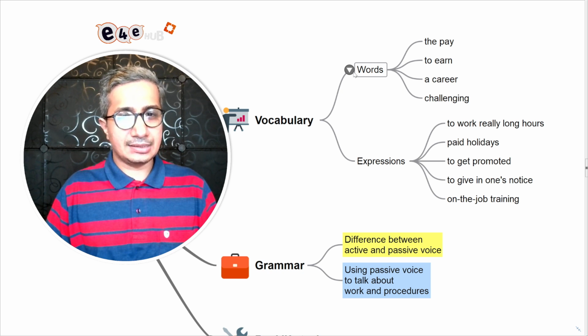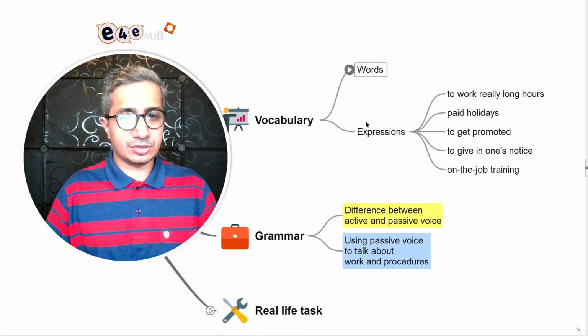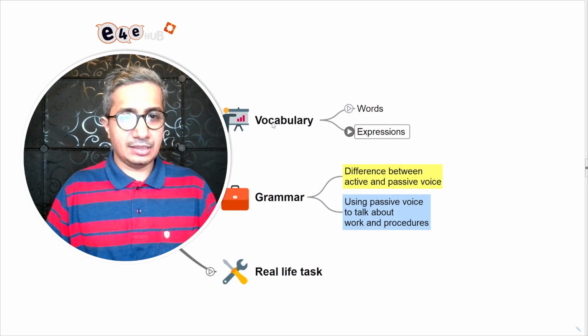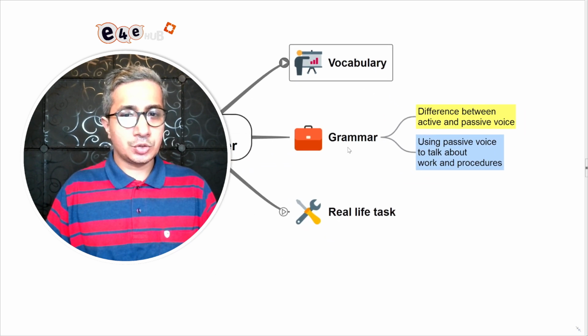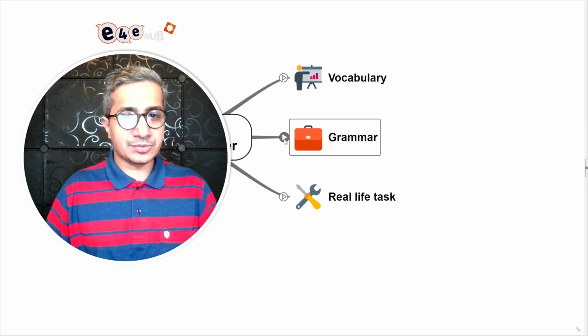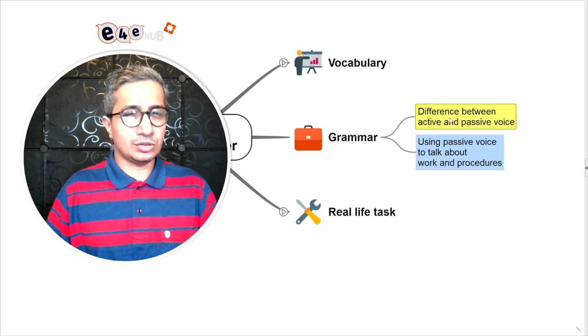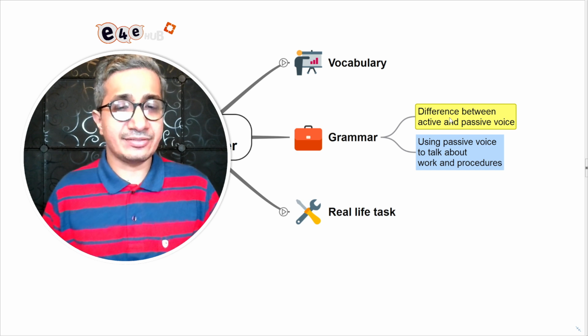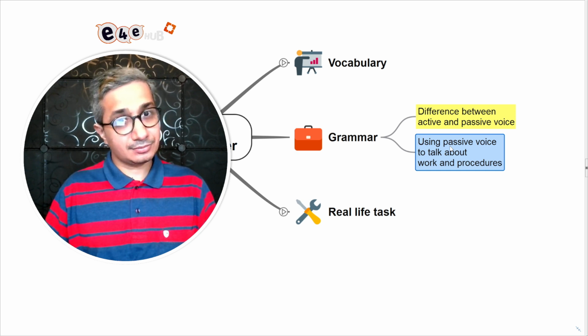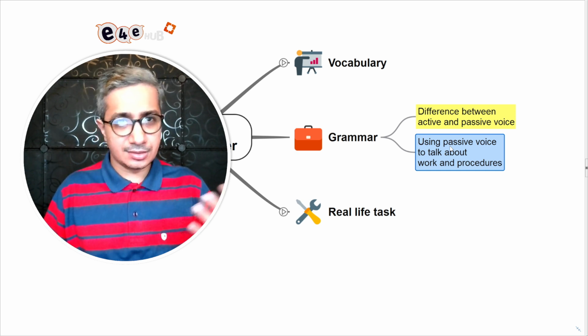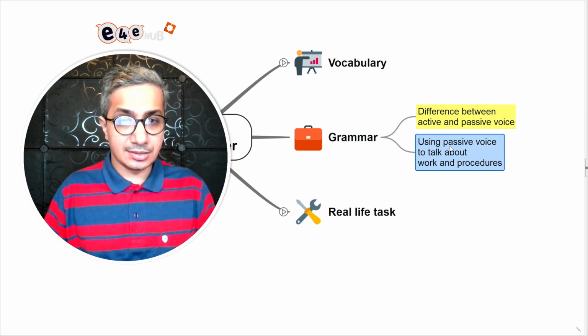You'll also see it in the i icon at the top of your screen. In part 2, we completed the grammar aspect: active versus passive voice, and how we use passive voice in many situations and structures connected to workplace English, or English about explaining work procedures and so on.